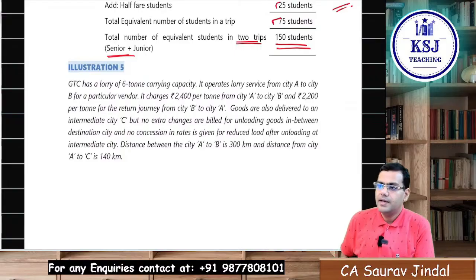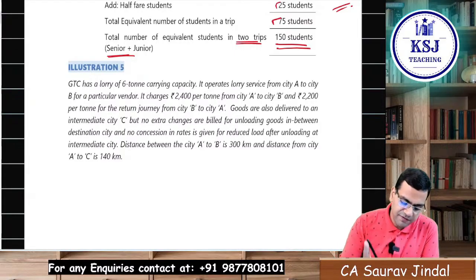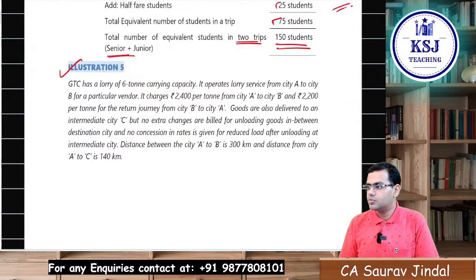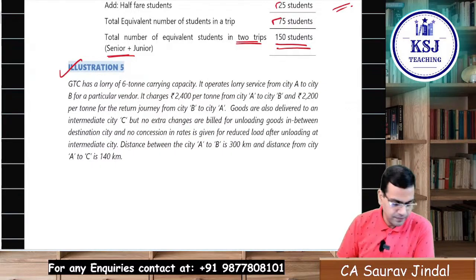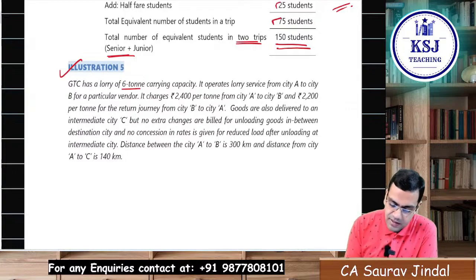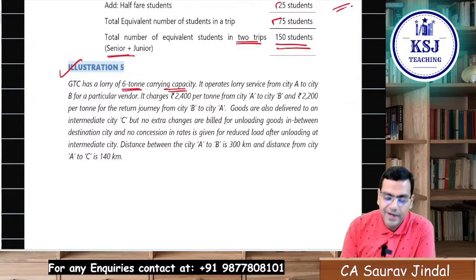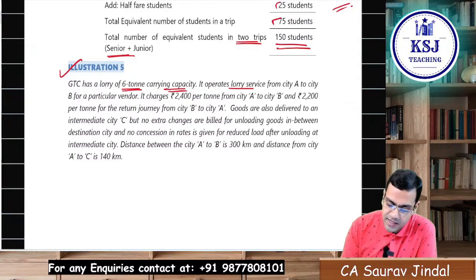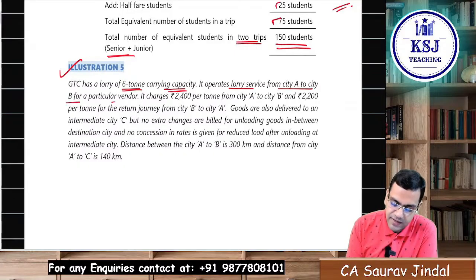Okay. Let's move on to illustration number 5, the last illustration for transport costing. GTC has a lorry of 6 ton carrying capacity. It operates the lorry service from city A to city B for a particular vendor.